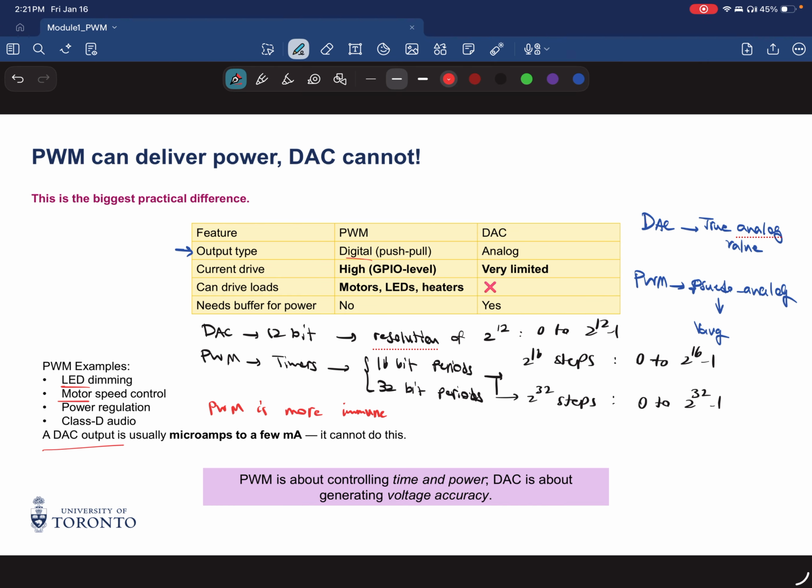It can't be any value, as opposed to a DAC, where a slight difference in the analog output can change the output voltage. PWM is immune to noise because its output is digital. So that's another important part.